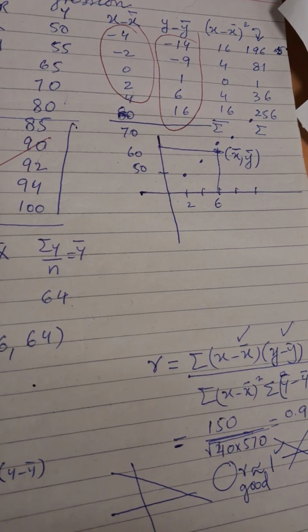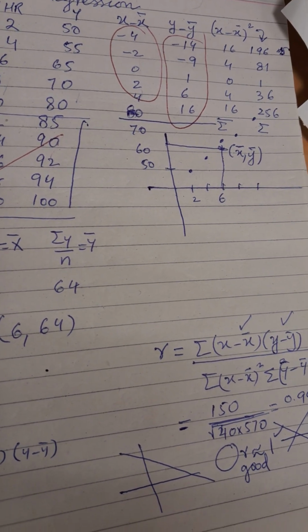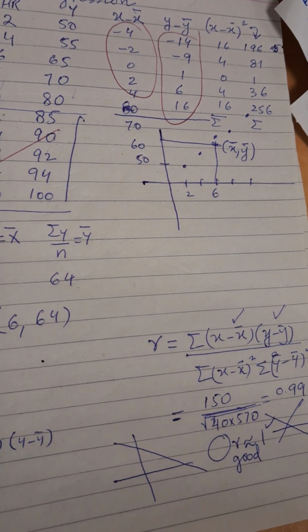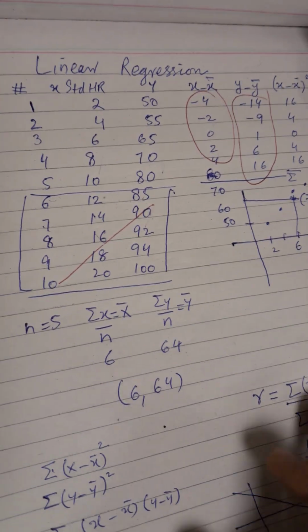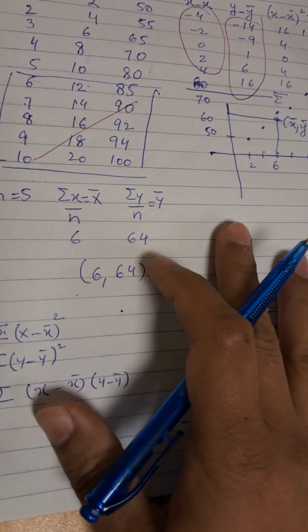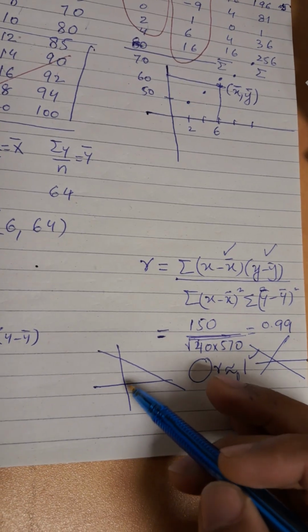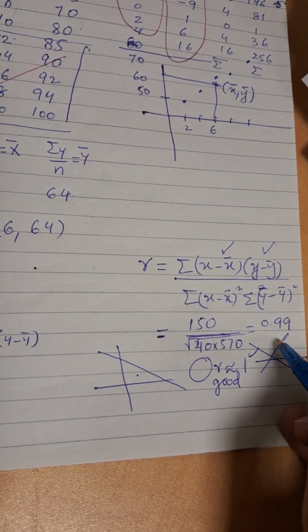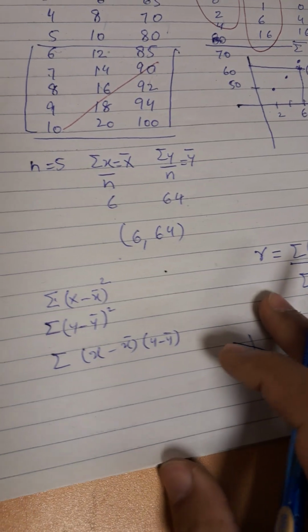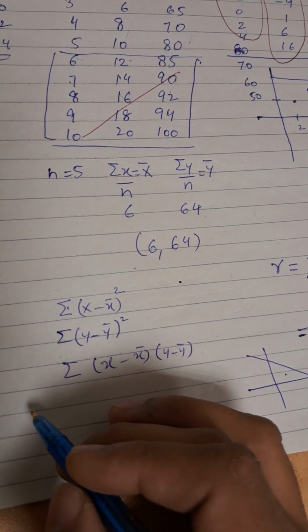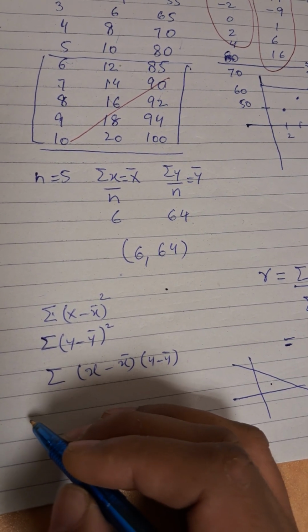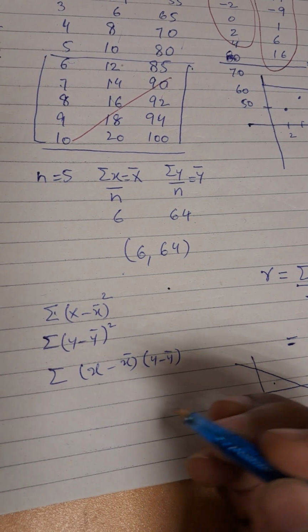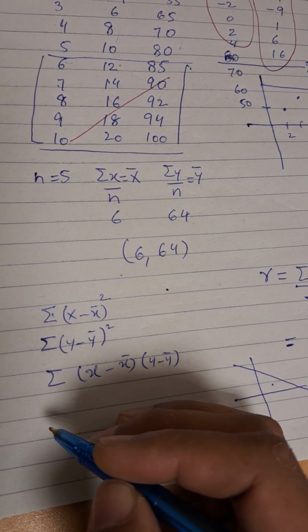So what is the utility of the whole mess we've created, the very long calculation we have done? For a particular case, we had the equation for a straight line. See, this is a straight line and this is also a straight line. So what we can do is write y equal to mx plus c, where m is the slope and c is the intercept.